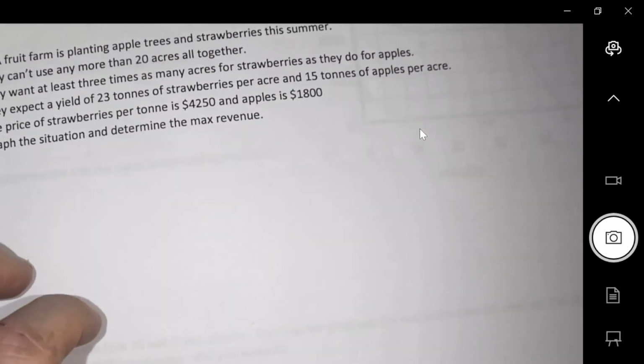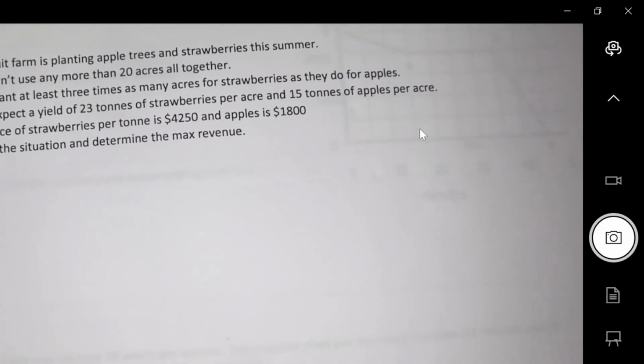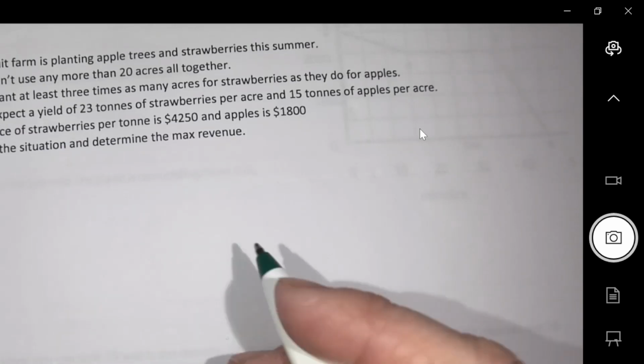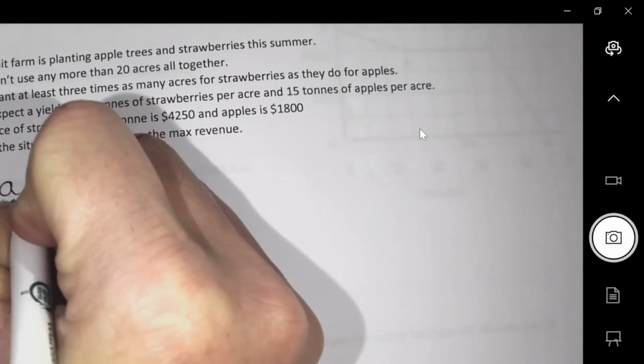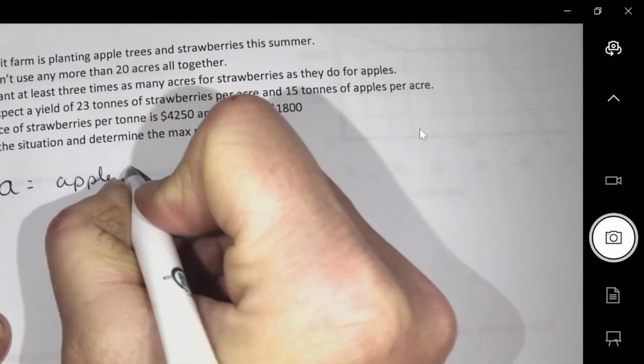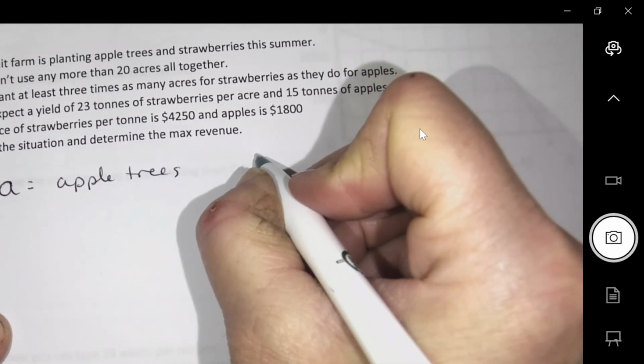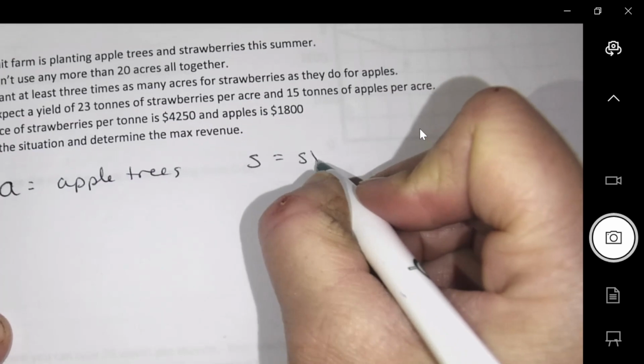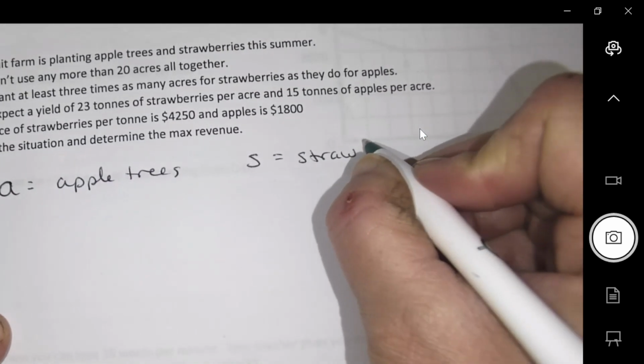Okay, number 7. A fruit farm is planting apple trees and strawberries this summer. So that's our two variables. Apple trees, strawberries.